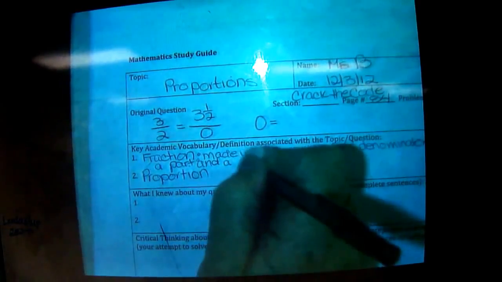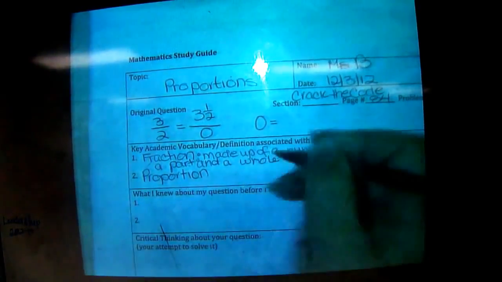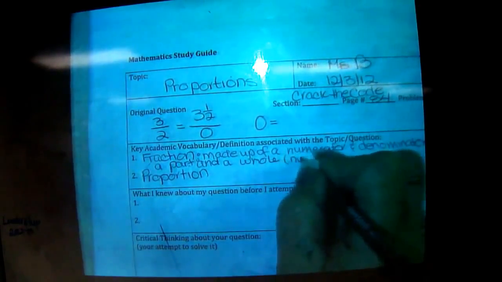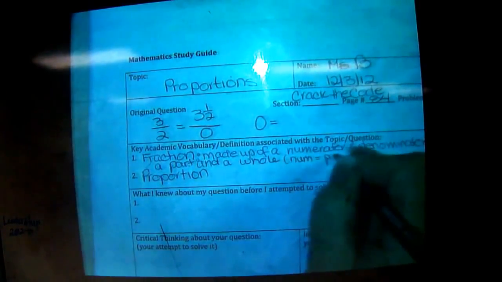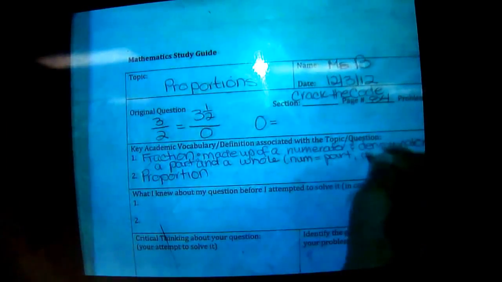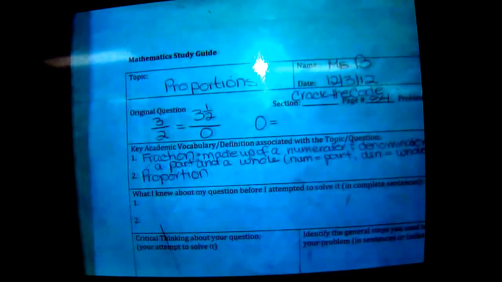Showing a part and a whole. Do we want to define numerator equals part, denominator equals whole? Is that pretty clear? Does that help people that have always said, I hate fractions, I don't understand what they are? It's a little piece of that.